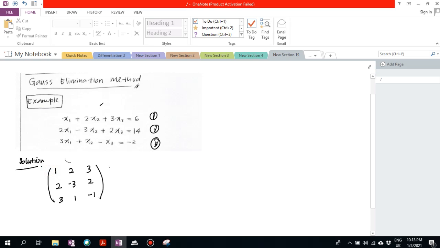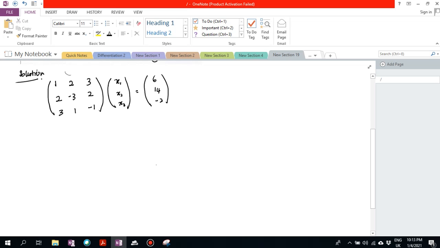So you have the unknowns x1, x2, and x3. Then your b will be 6, 14, and negative 2. This is the main matrix. You have A, you have X, and you have small b.